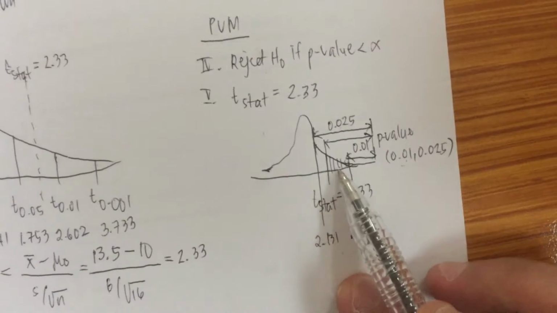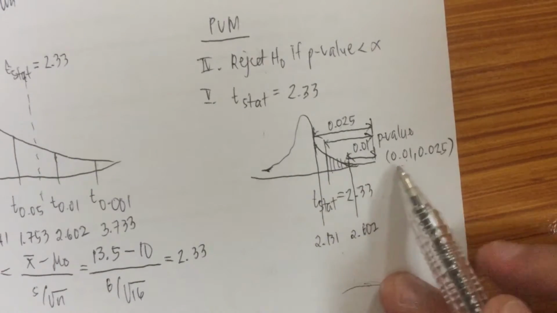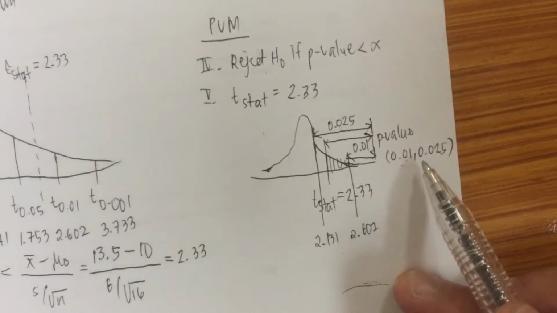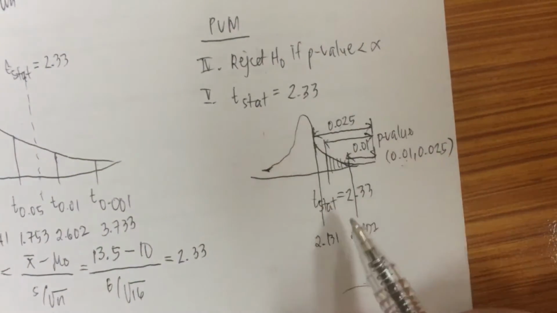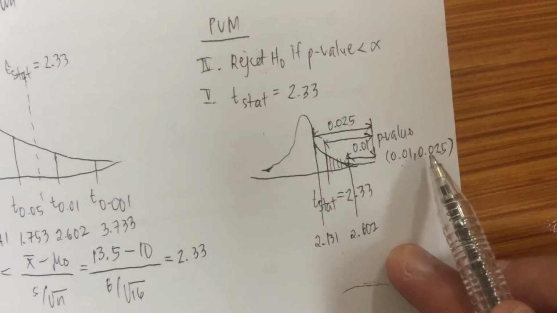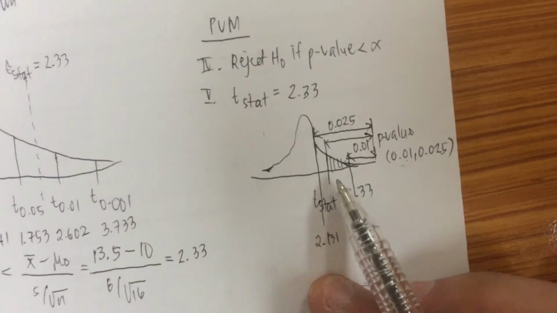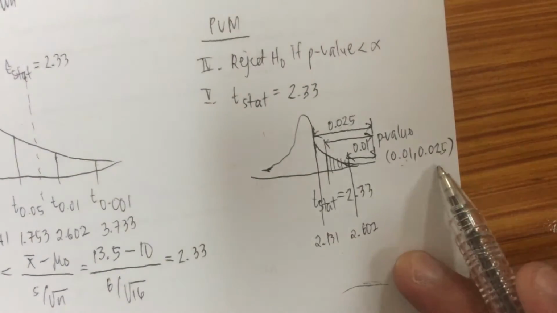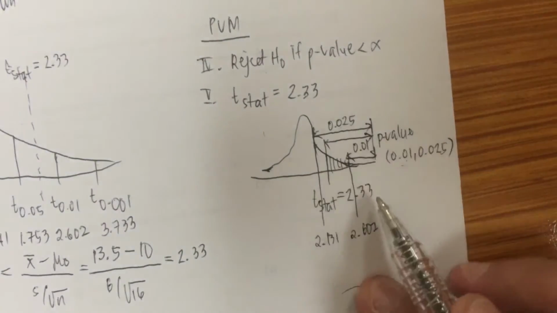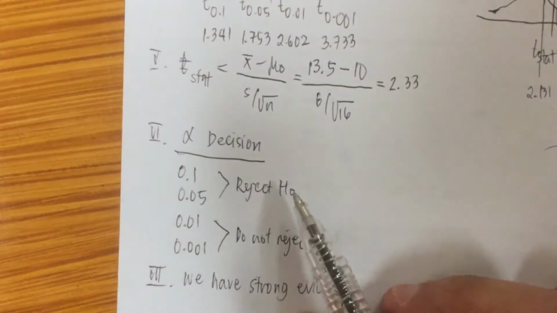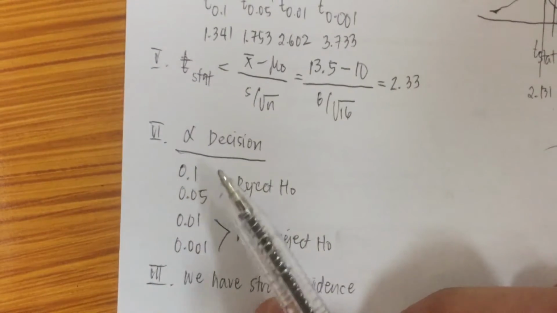So if this is for a two-sided t-test, this is only 1/2. And to get the total p-value, we multiply the entire interval by 2. So in this case, if this was the area of one side, and this is a two-sided t-test, the total p-value should be between 2% and 5%. So in that case, you now have the interval, and you can now make interpretations again if it's less than the value of alpha.